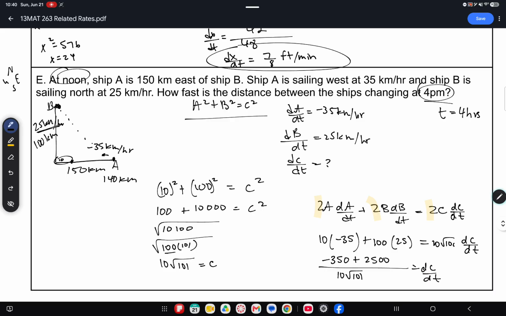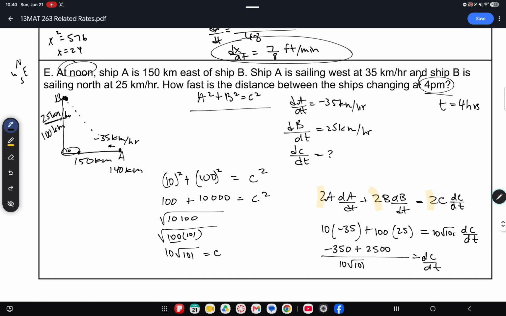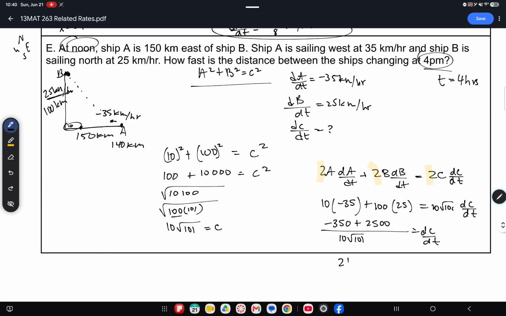Negative 350 plus 2,500, I think that's divisible by 10. So it's going to be 215, and then divided by the square root of 101. So that's going to be about 21.4 kilometers per hour.